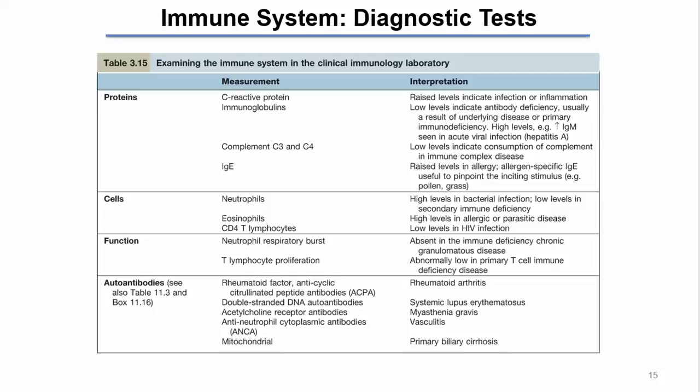Double-stranded DNA autoantibodies are indicative of lupus, where the antibodies are attacking your own cells that have DNA, etc. We'll talk more about those later.